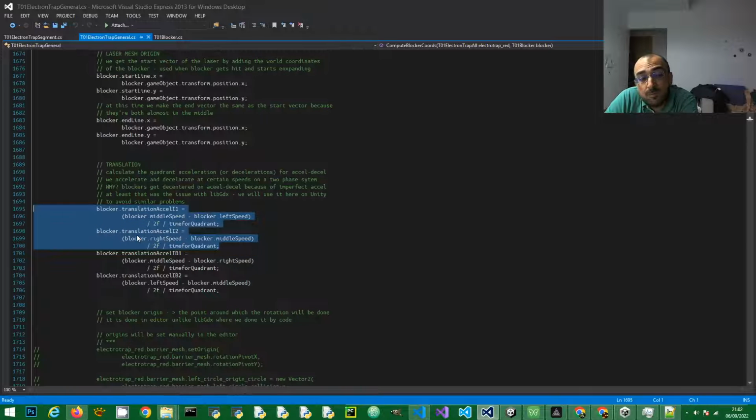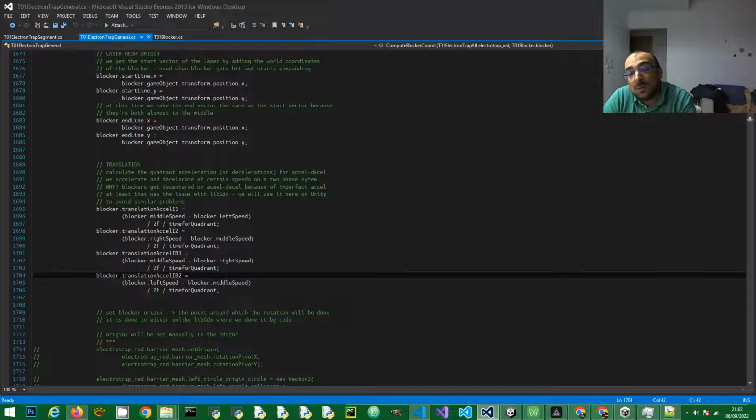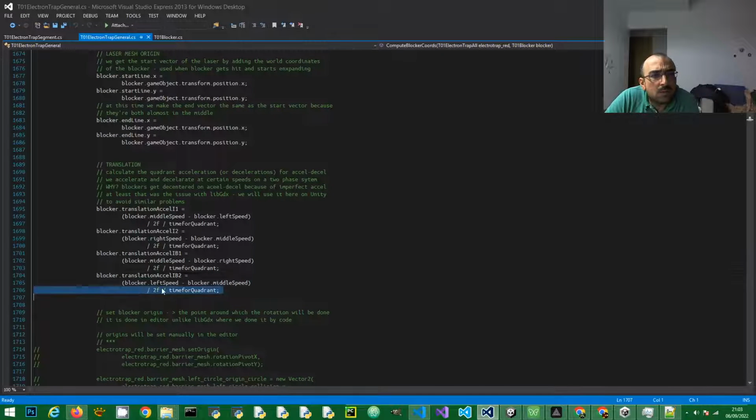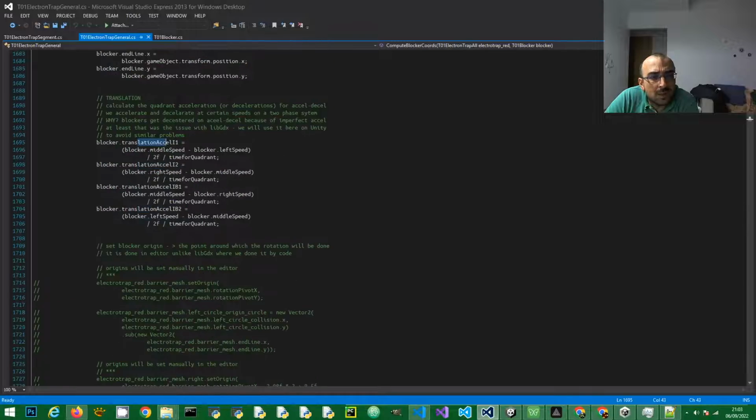They'll be four floating point values. The first two will be positive, and the next two, B1 and B2, will be negative, because we have to have a sign, so the blocker will move back and forth, left to right. Okay, so these are the accelerations.